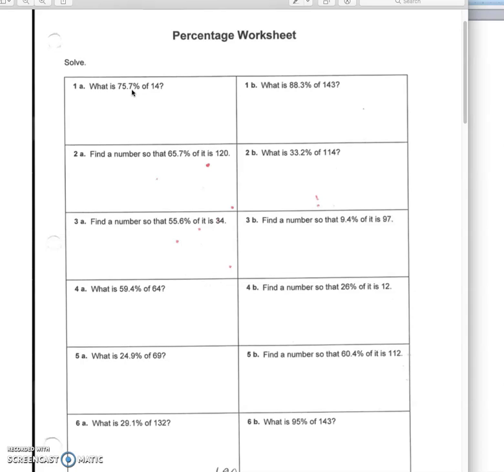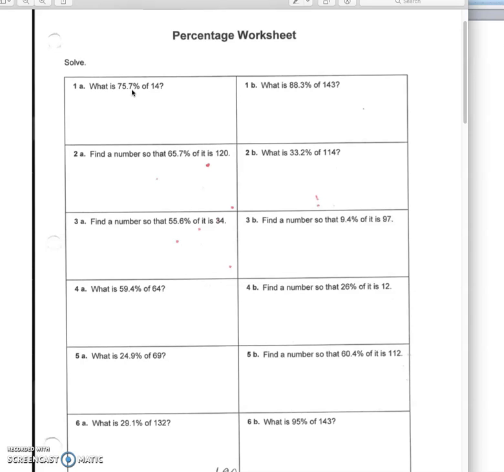Half is 1/2, 1 being the numerator, 2 being the denominator. And when you divide 1 by 2, you get 0.5. 0.5 is the decimal. And when we look at 0.5, if we multiply it by 100, we get 50%. And that's where we move the decimal point 2 places to the right.